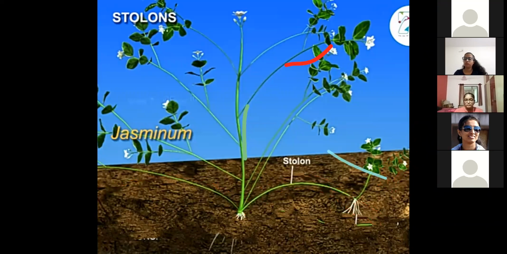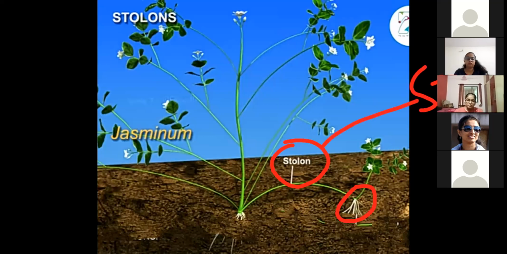So this type of vegetative propagation by forming a stolon: the branch which forms an arc-shaped structure, and that branch helps in vegetative propagation, right? That stem we call stolon. All of you clear?